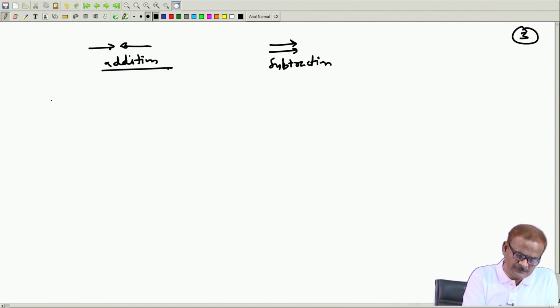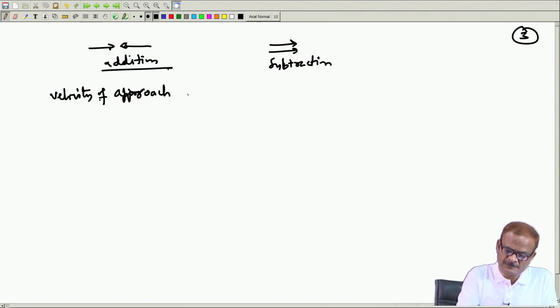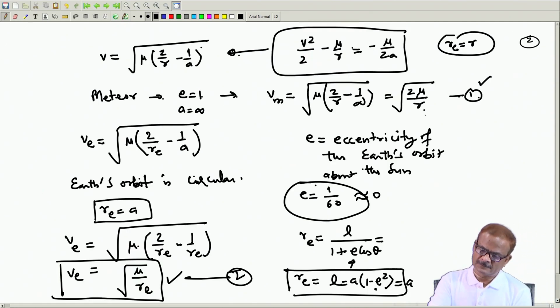So, simply therefore, the velocity of approach will be given by mu by R E under root plus mu by, now here in this case for the meteor we have written here 2 mu by r. So, this we need to reduce to, because the impact will take place at the radius of the earth orbit.